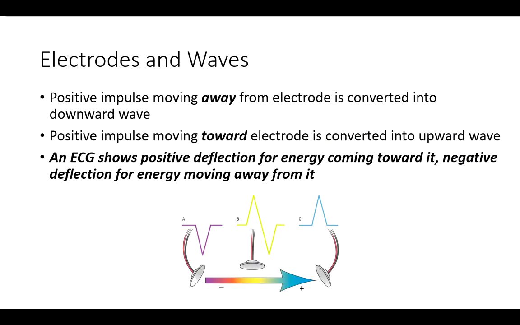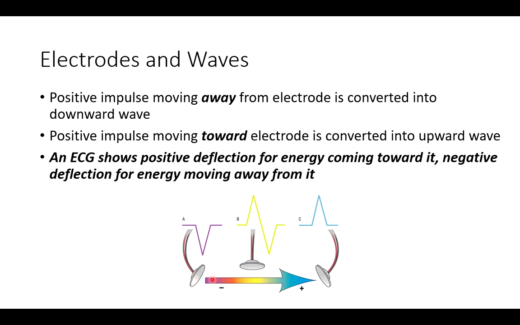So we look at these electrodes and these waves, and typically when we place electrodes on the person's body, if you look at an EKG and you look at the leads as you're setting them up, they're going to be positioned with certain numbers: right arm, left leg, right leg, V1, V2, V3, V4, V5, V6. Each of these is organized in a certain manner where there's what's considered a negative and a positive pole. Typically when the electrical impulse travels, the positive impulse moving away from the electrode converts to a downward wave.